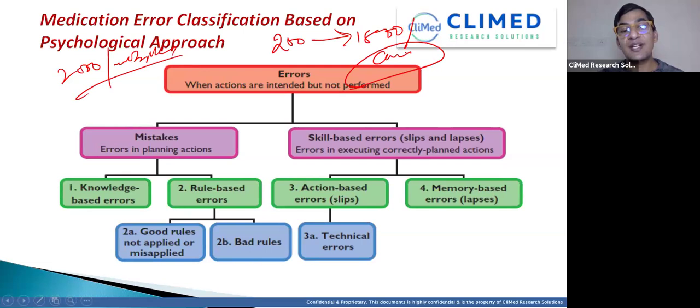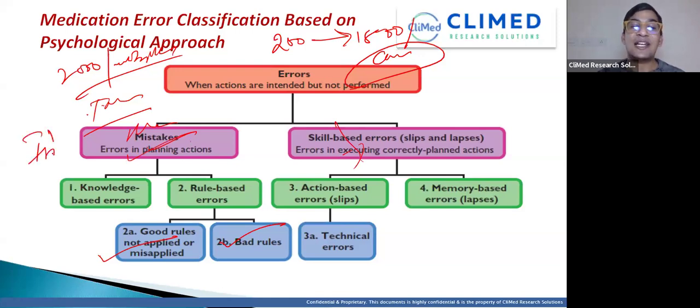That is rule based error. They are not practicing the good rules, or they are practicing the bad rules. Understand? These are psychological things. Psychological means maybe to earn the money, right? Or forgetfulness, maybe in the technical errors. But when we talk about errors in planning, those are mostly intended.